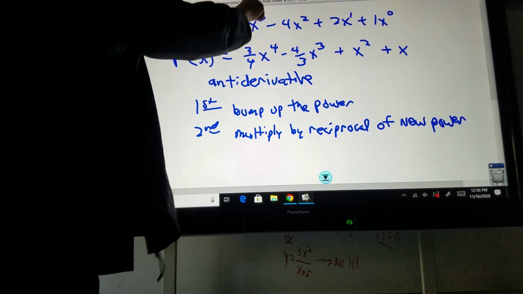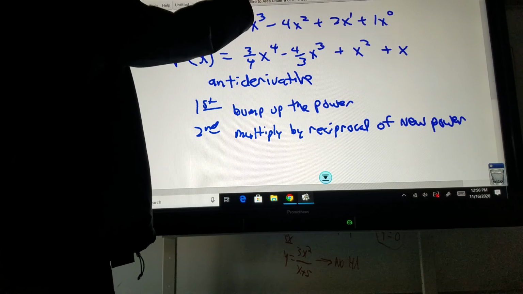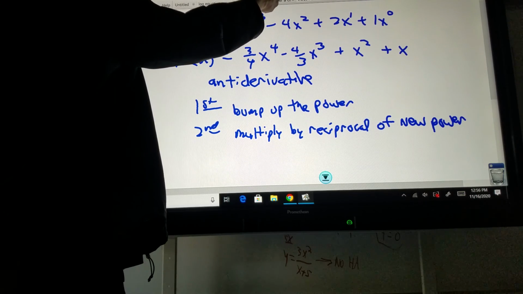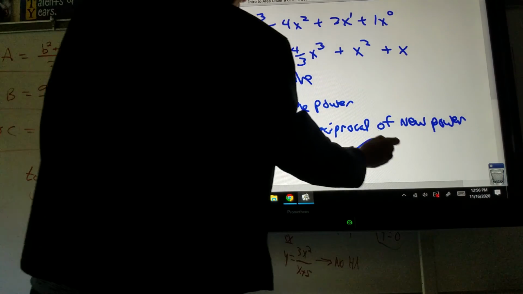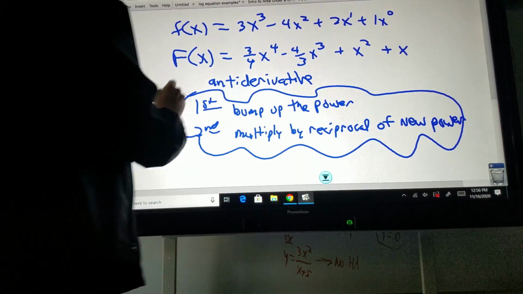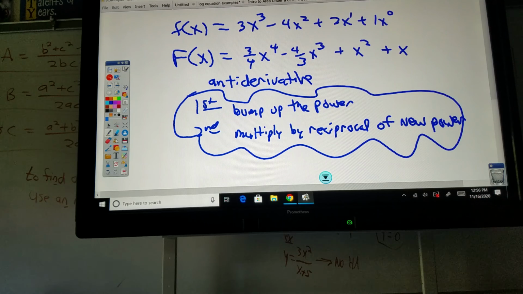Bump up the power, it was a 3, now it's a 4. Take that new power, its reciprocal is 1/4, multiply that in front. That's the process of finding an antiderivative, and if you can find an antiderivative, you can find the area underneath the curve. All right, that's it for now.